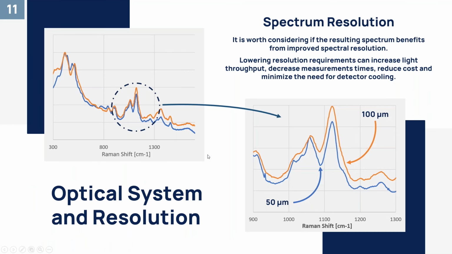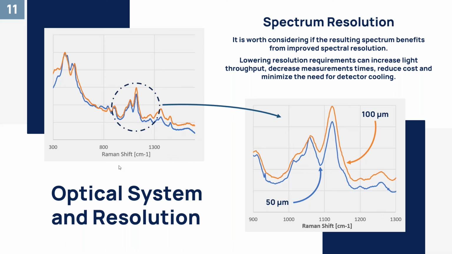And on that note, we can also look at the spectrum itself and see what kind of resolution is actually needed. This is an example I've taken of glucose in an aqueous solution. As you can see, these are two spectra acquired with similar spectrometers, but with different slit widths. This type of spectrum does have some information in the finer details, but the broad features of glucose are actually quite low res.